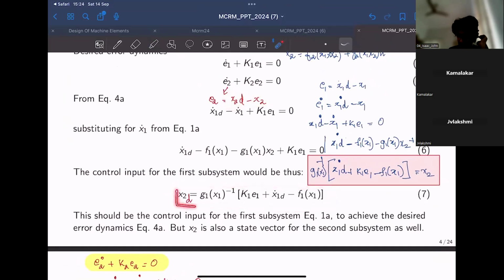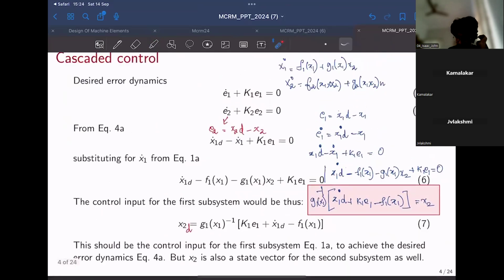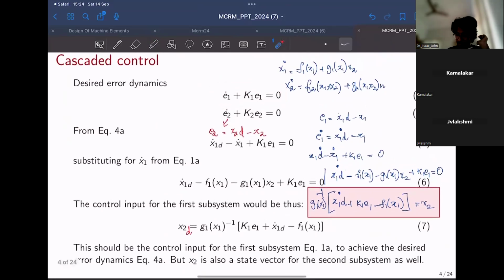That also means we can enforce that the first error dynamics will also be taken care of, because if this is the control input for the first subsystem, as we have seen earlier, the first subsystem will also follow its error dynamics.